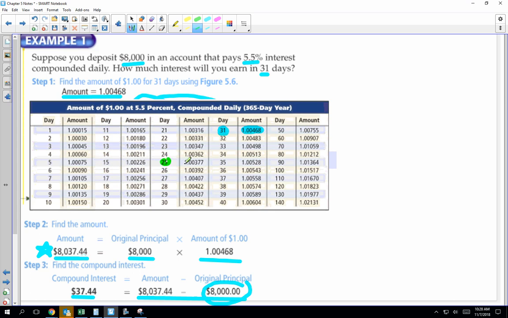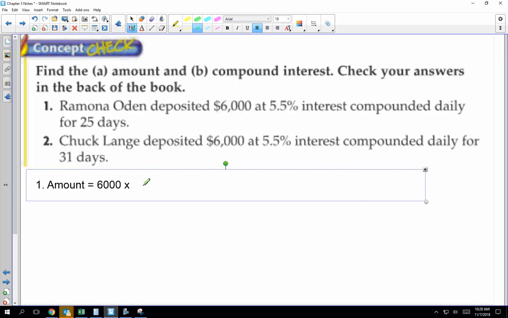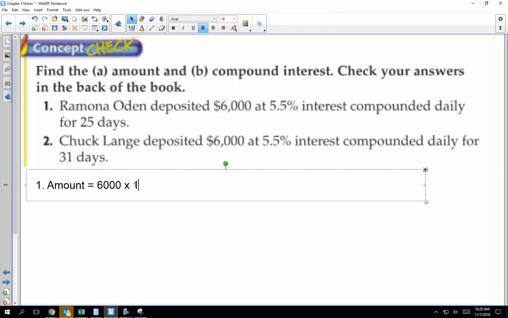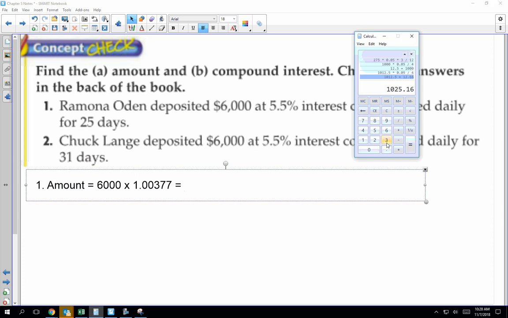It's 1.00377. So the amount in our account after those 25 days is 6,000 times 1.00377. So it's $6,022.62.